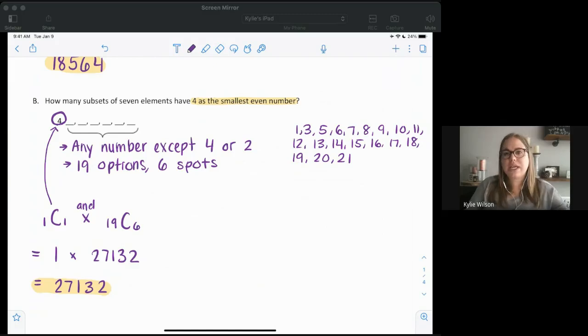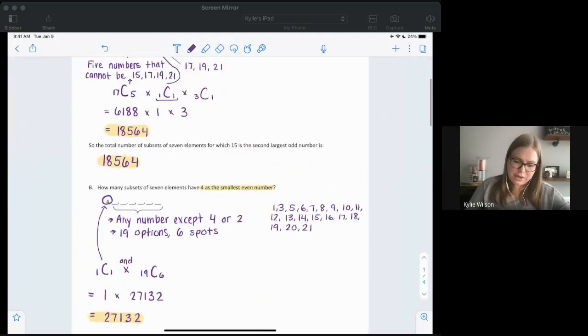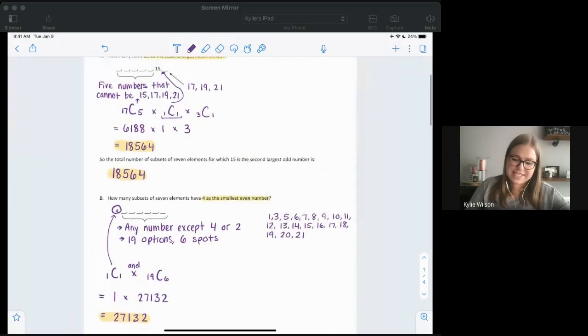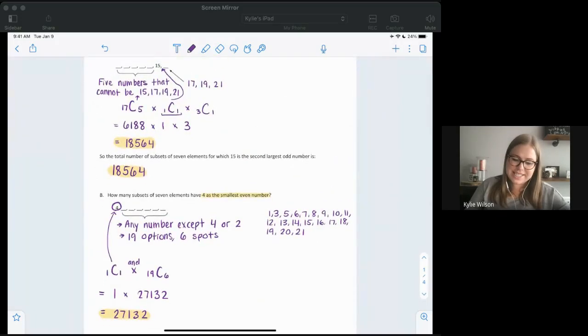When we're looking at different cases, sometimes a particular situation occurs in both, and we've accidentally counted it 2 times. Now, we could certainly have a situation in which 15 is the second largest odd number and 4 is the smallest even.